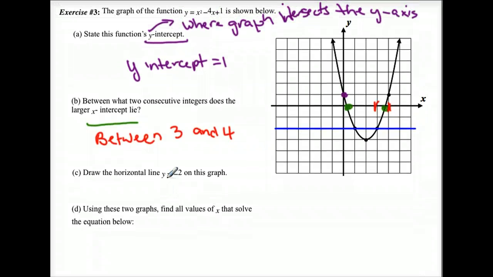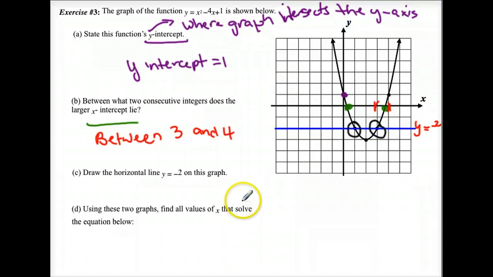D says, using these two graphs, find all values of x that solve the equation. So this is one graph, and this line in blue is my y equals negative 2. Find a solution for these two graphs. Solution means where do these two graphs intersect?